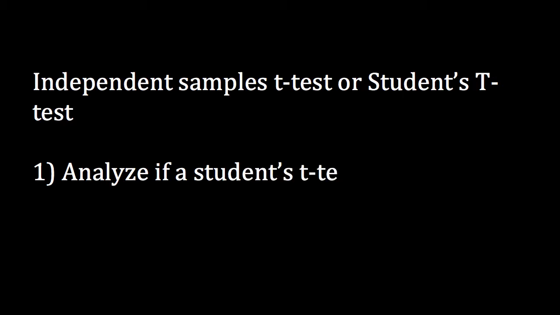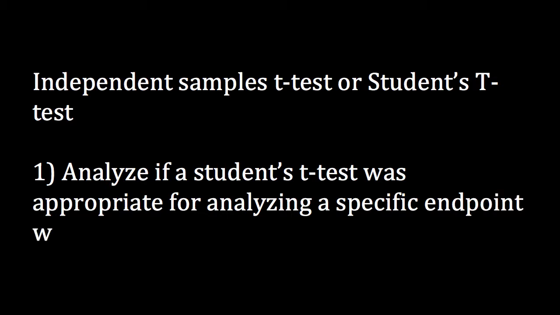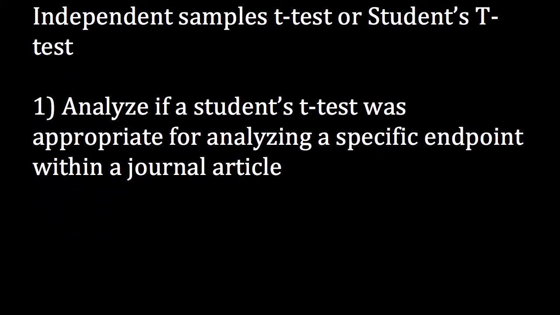And our first objective is going to be to analyze if a student's t-test was appropriate for analyzing a specific endpoint within a journal article. And so the first question is, well, what is the student's t-test used for?